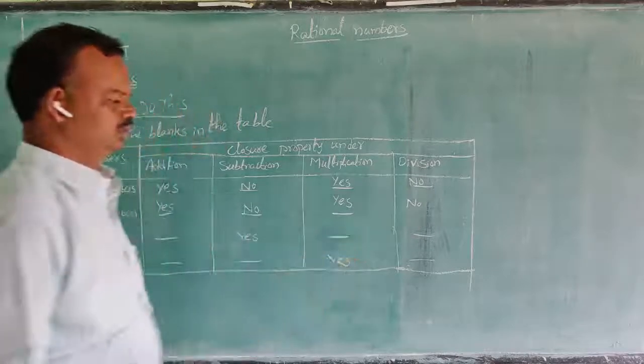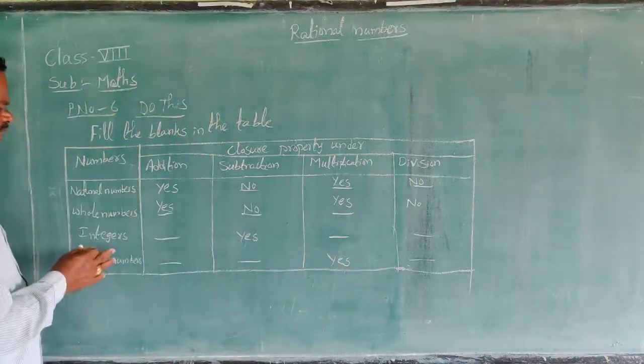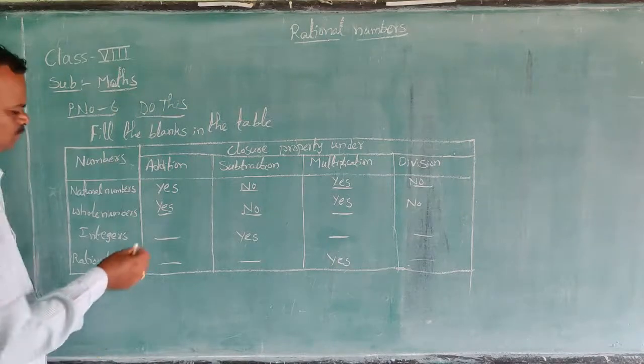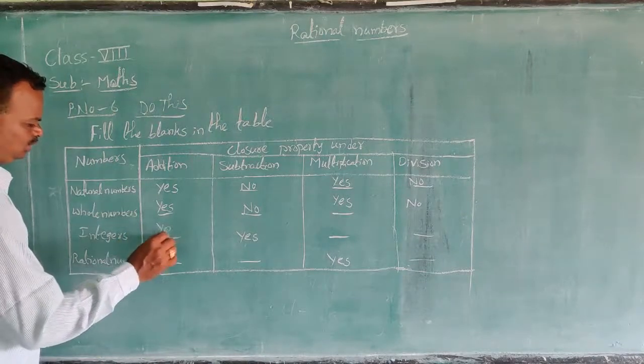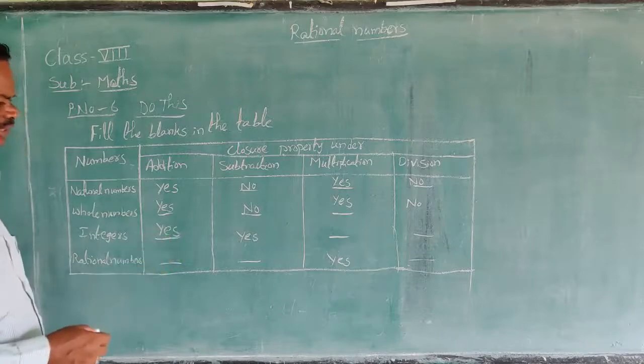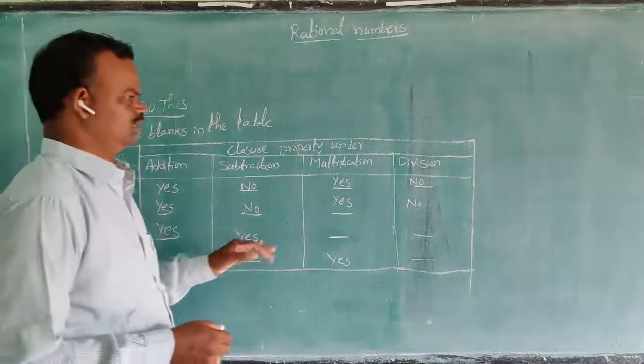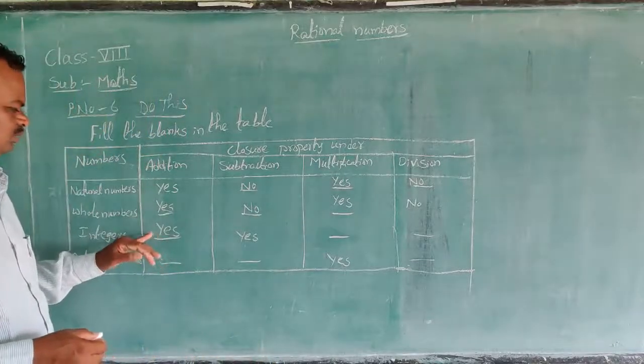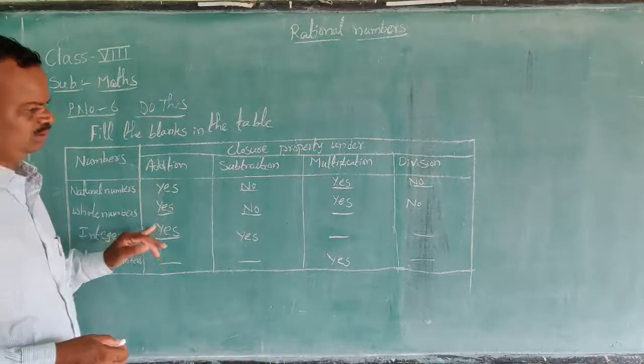The next one, integers. 2 into minus 1 is minus 2. Yes, it is an integer, so the answer is yes. Here subtraction is yes. 2 plus minus 1 is equal to 1, so addition is yes.